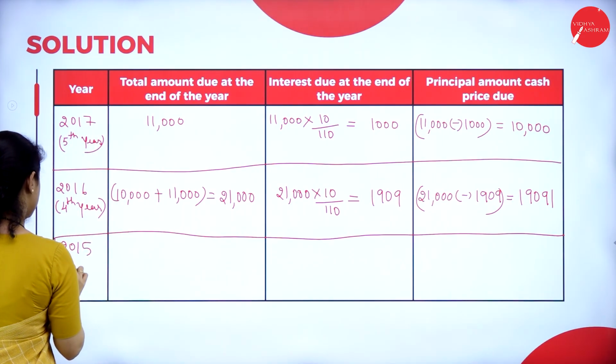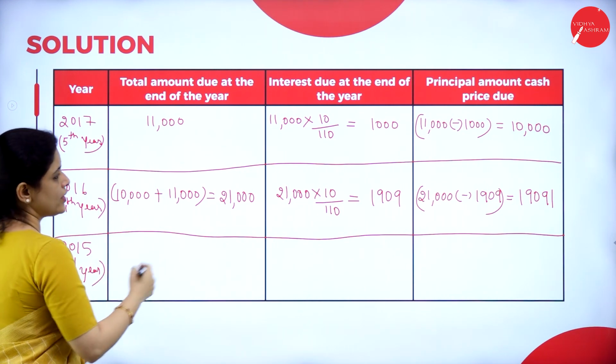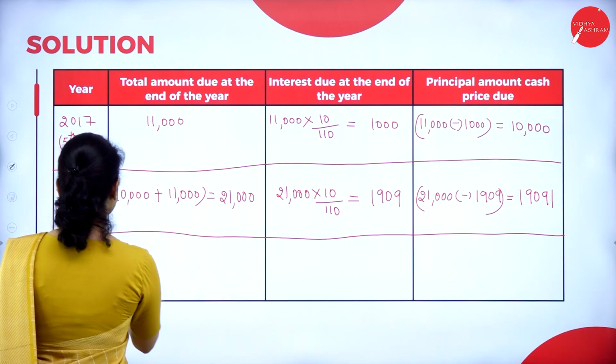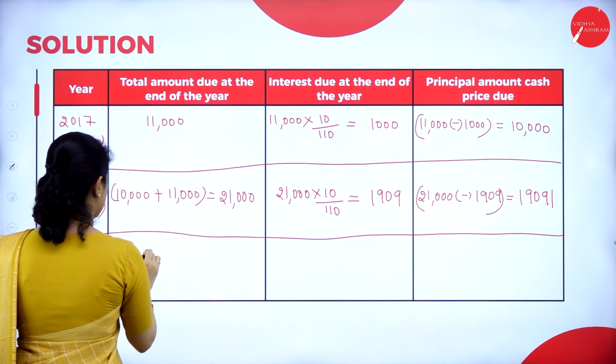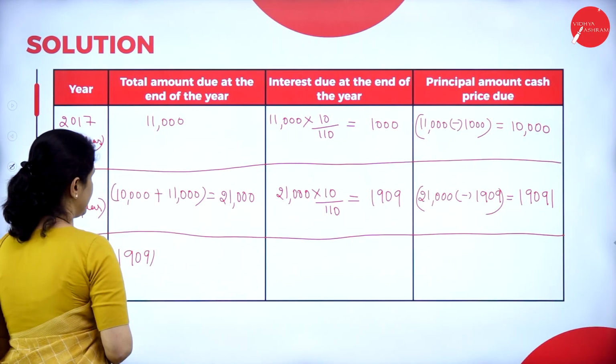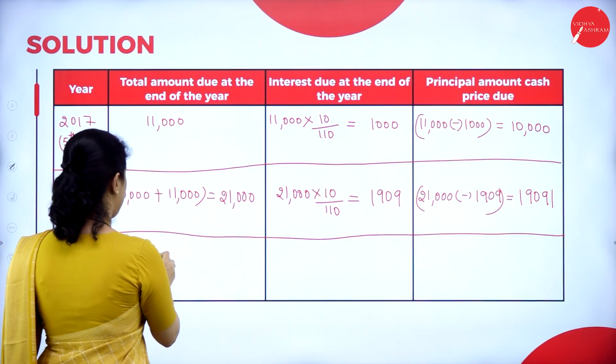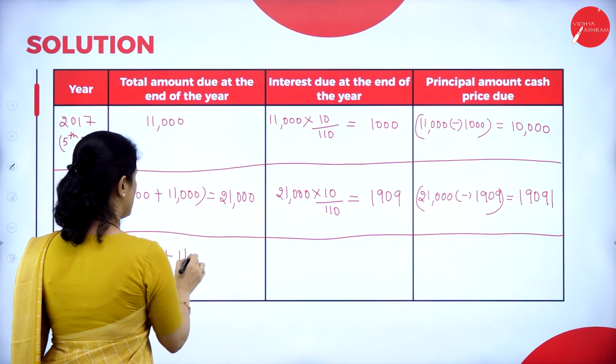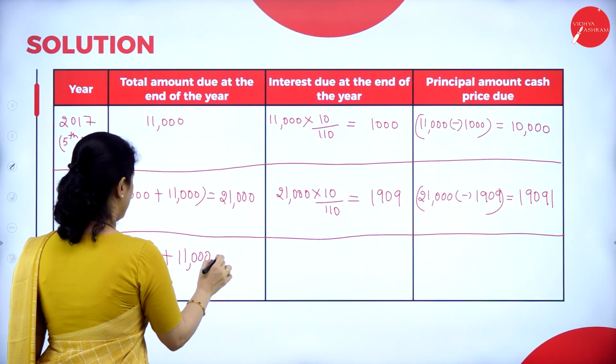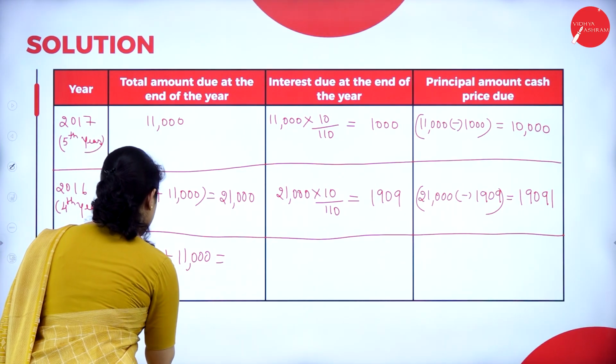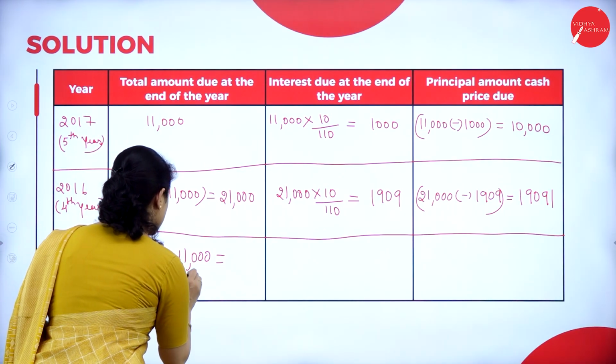Next let us go to 2015, the 3rd year. So what is the remaining amount? That is 19,091, plus this year's installment, that is 11,000, equals 30,091.